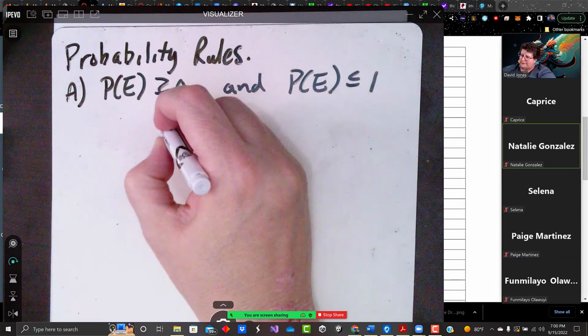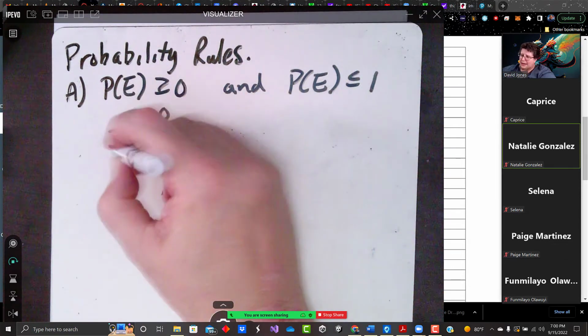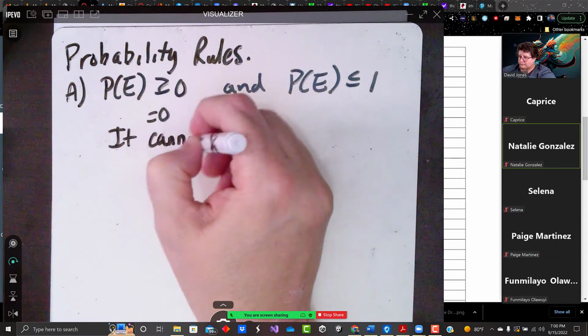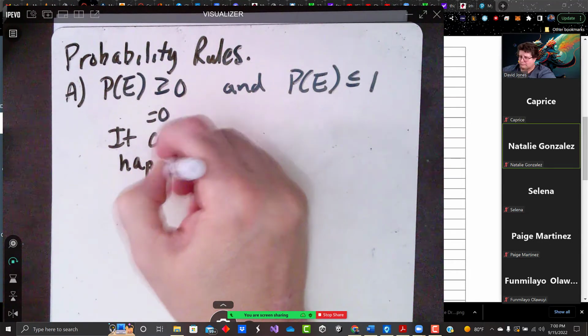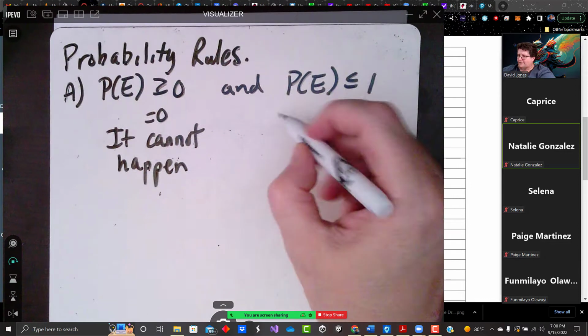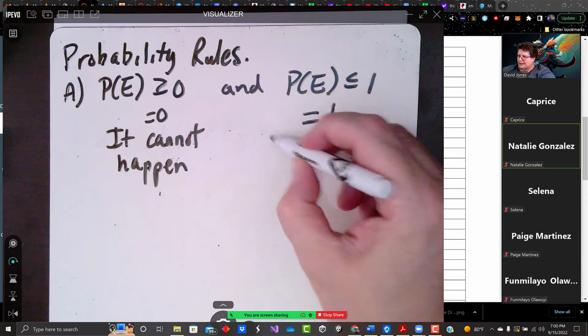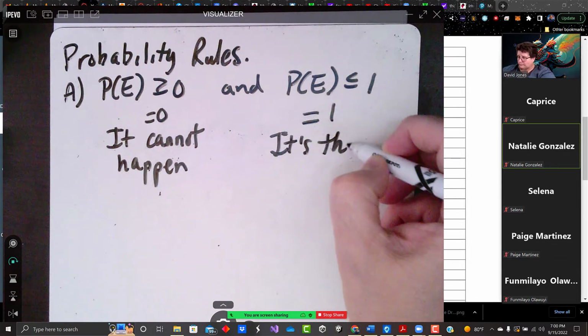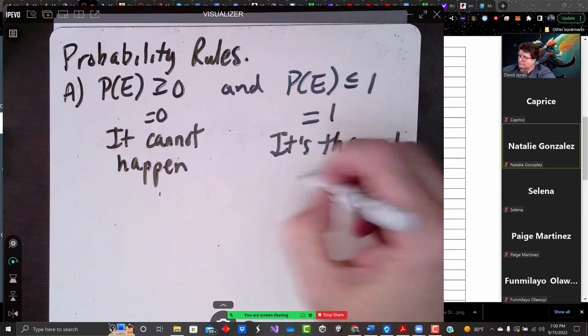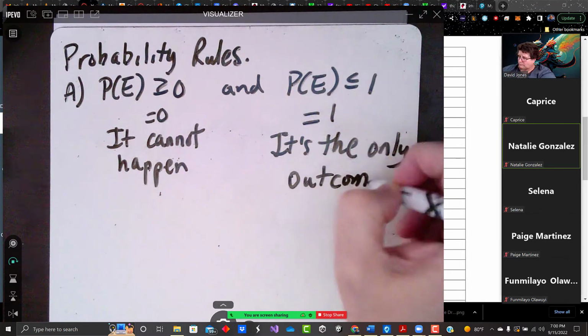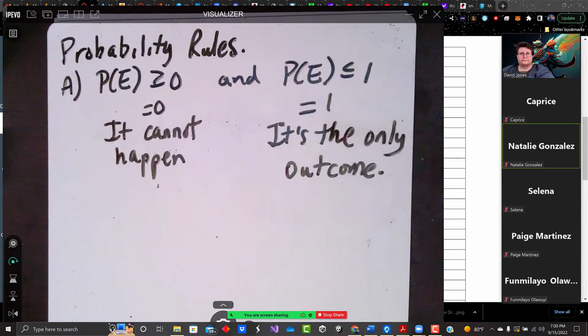If it equals 0, it cannot happen. And if it equals 1 exactly, it's the only outcome. Probability is like a decimal version of a percentage.